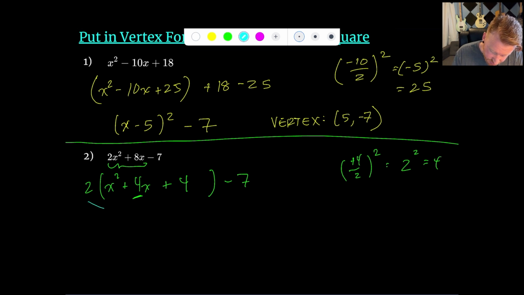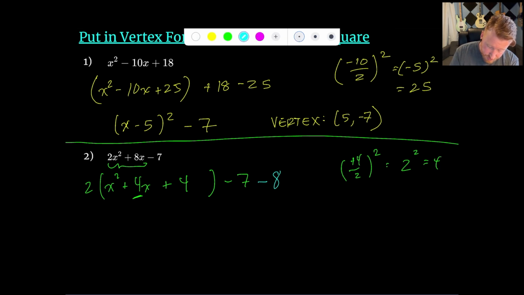What I actually did was I added 8, because that 4 is going to get multiplied by this 2 as well. So if I added 4 inside, I need to subtract 8, because I didn't actually add 4, I added 8. So I will subtract 8 off of the other side as well.